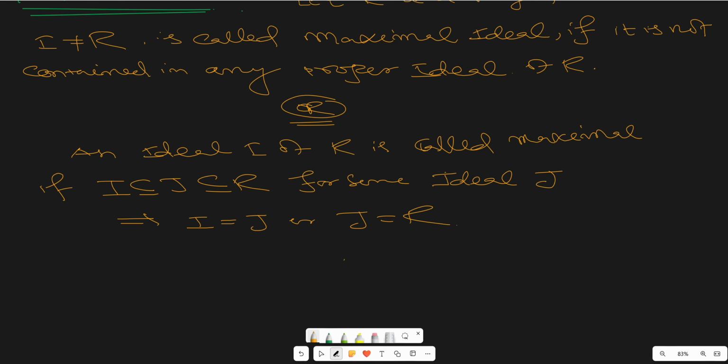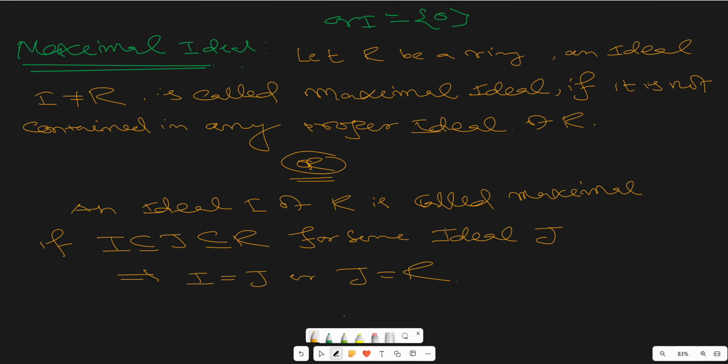What is the meaning of that? Suppose you have an ideal. How can you check whether it is maximal or not? Suppose you have an ideal I. It should not be contained in a proper ideal.